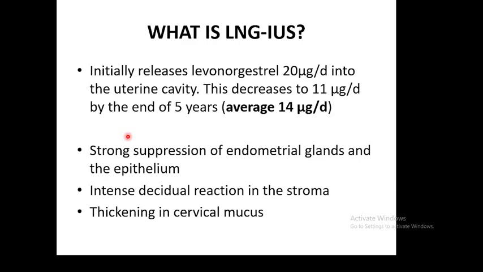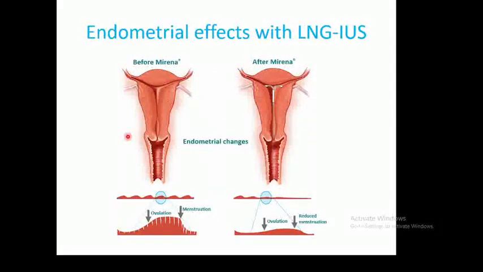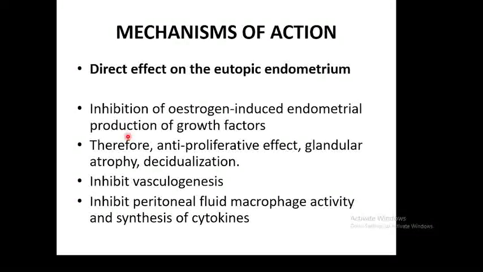What it does is it suppresses the endometrial glands, and because it is secreting progestogens, it causes thickening of cervical mucosa. You can see in the lower diagram how the endometrium is suppressed. It has an effect on the endometrium inside the lining of the uterus, as well as on the ectopic endometrium, which is there in endometriosis.